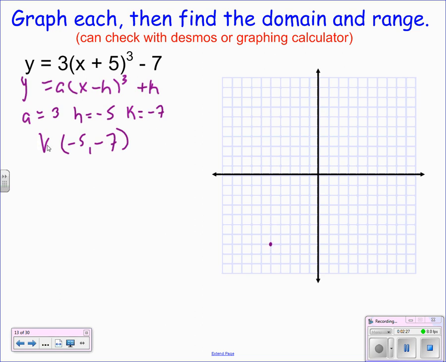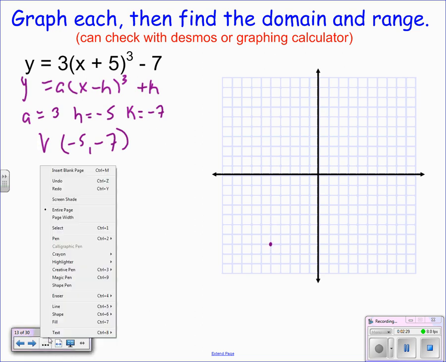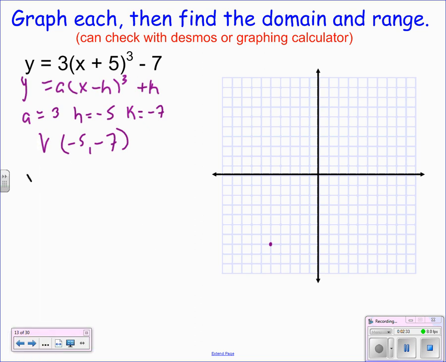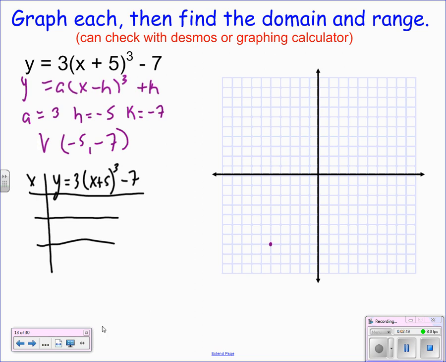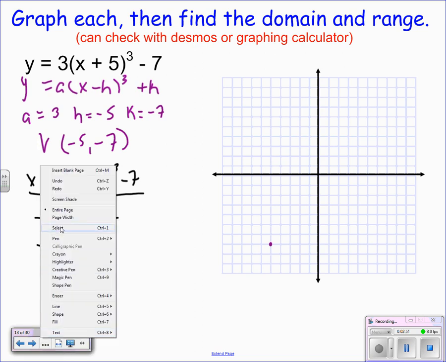Alright. I would also build a table if I were you. So you have your x's, and then y again is equal to 3 times x plus 5 cubed minus 7. We only need 3 values, really, putting your vertex in the middle.